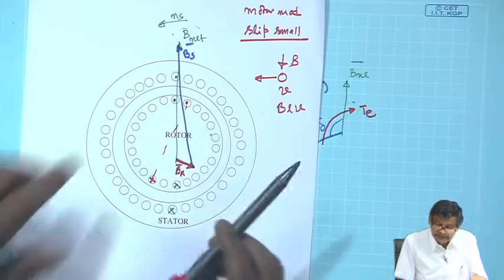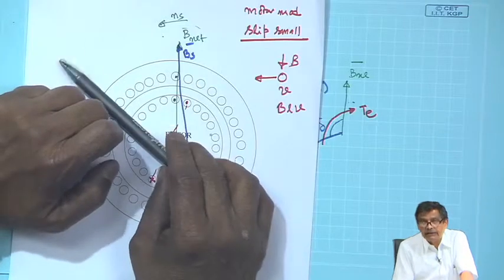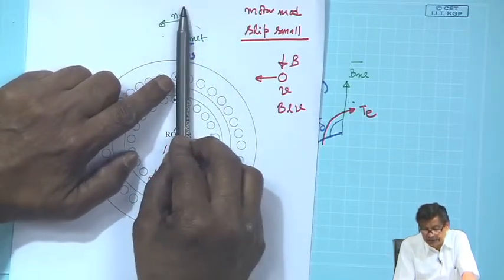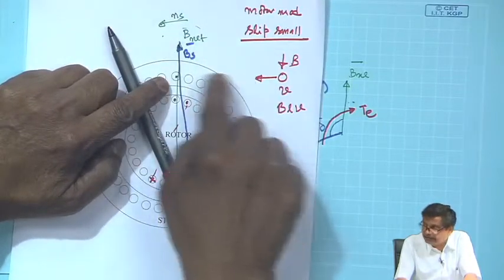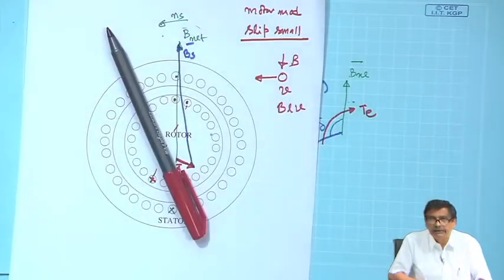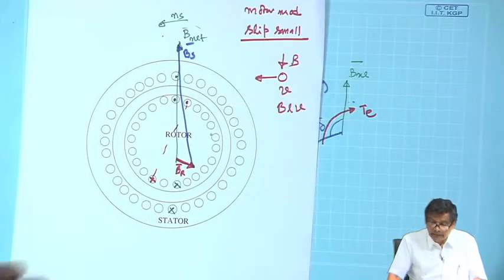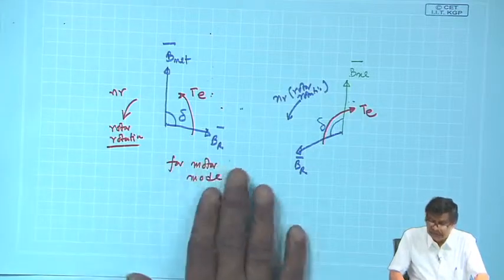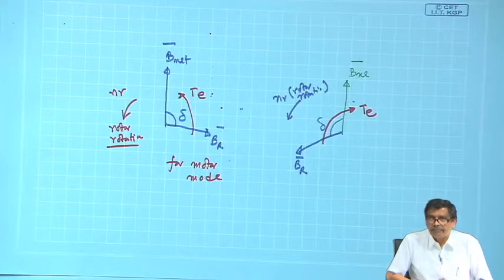But in this case, stator conductor is fixed, B is moving like this. Therefore, what you can assume is that B net is stationary, and imagine the conductor is moving, to get this dot polarity, and then apply right hand rule to get the polarity of the induced voltage. So, this topic is important. Thank you.